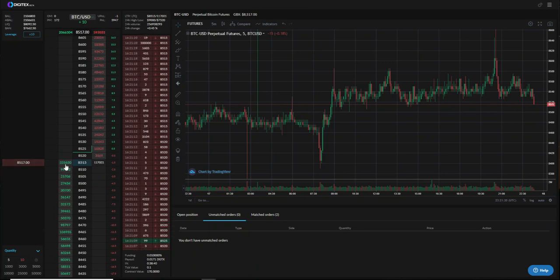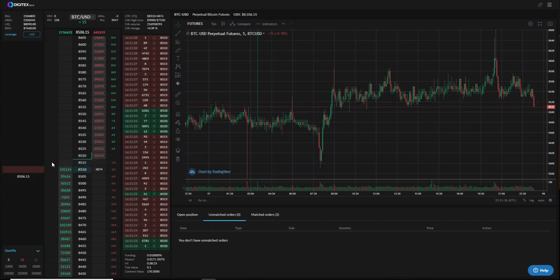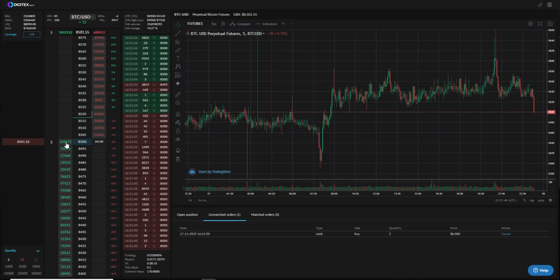But here there are 340,000 contracts on the bid waiting to be bought, and if the market orders on the sell side are big enough to take this entire liquidity, then I will get executed. Looks like Bitcoin is dumping now, which doesn't do much good for my 5 contracts long. But let's place another one.